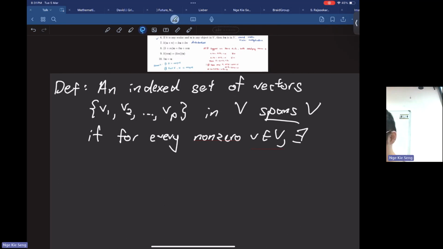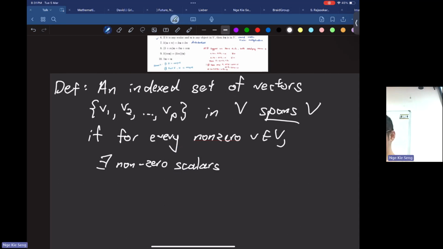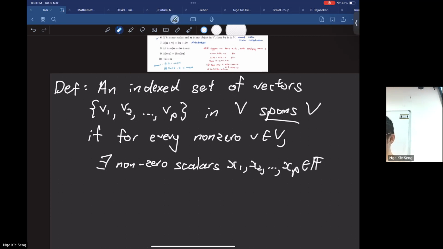I think something is wrong here. So there exists non-zero scalars x1, x2, up to xp.